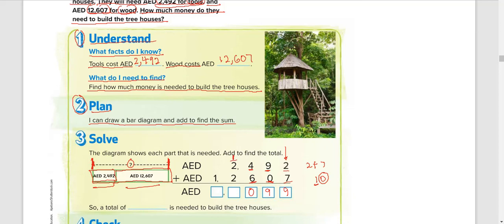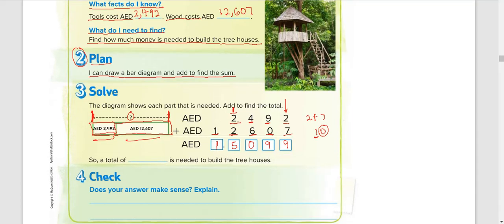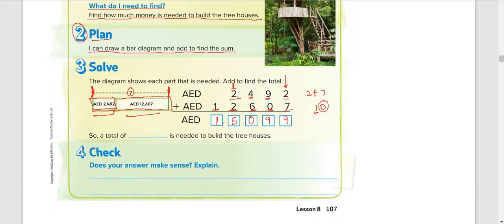So here you have 1 plus 2, 3, 3 plus 2, 5. And the last one is 1. So this is the correct answer, 15,099. So the total of 15,099 is needed to build the tree houses.